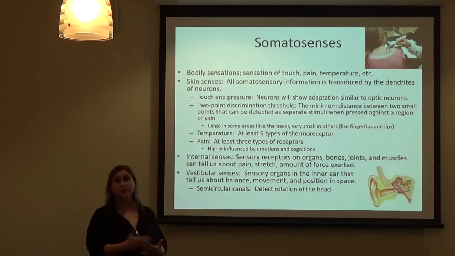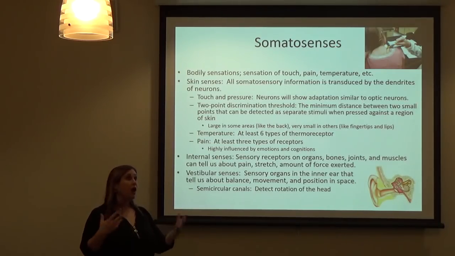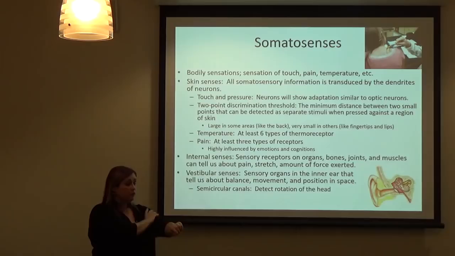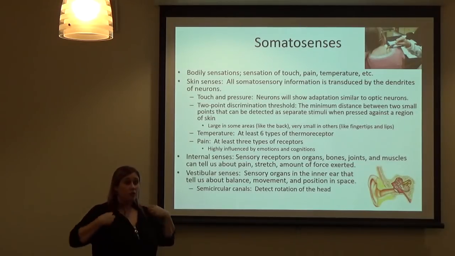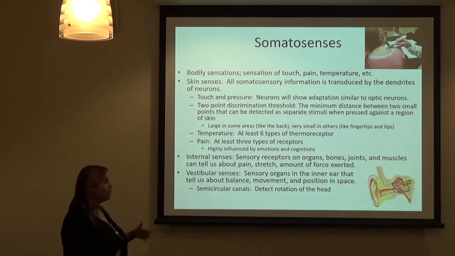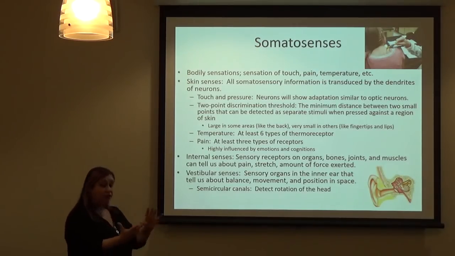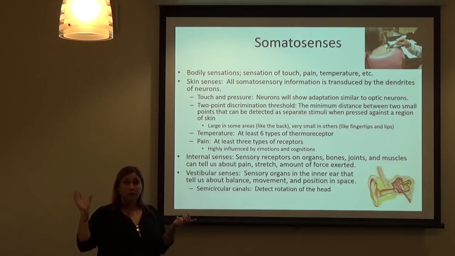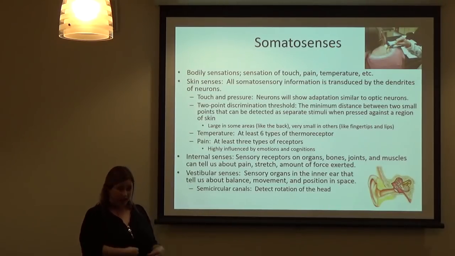Your somatosenses are your body senses. So that's your touch information, hot and cold information, the stuff you're feeling with your skin and with your insides too. Your neurons inside you can detect this kind of bodily information. And what you have is a lot of different kinds of neurons in your skin and inside your organs too.